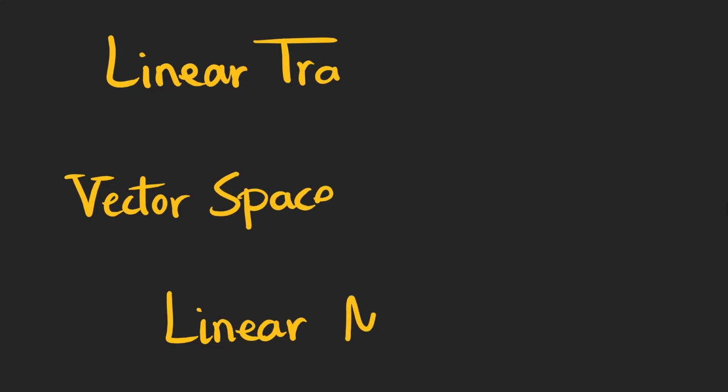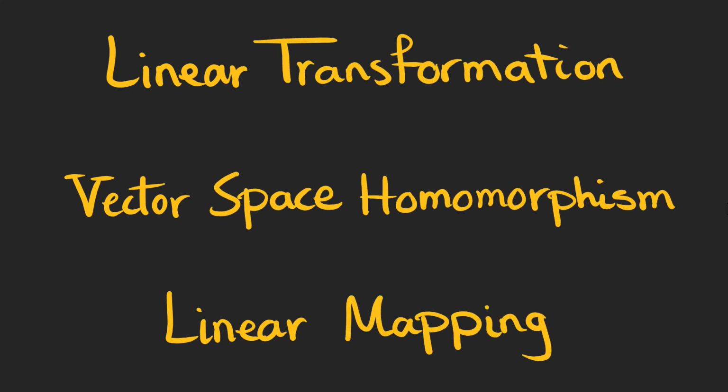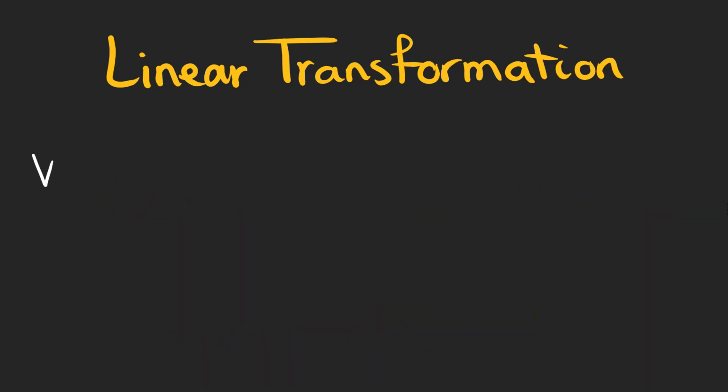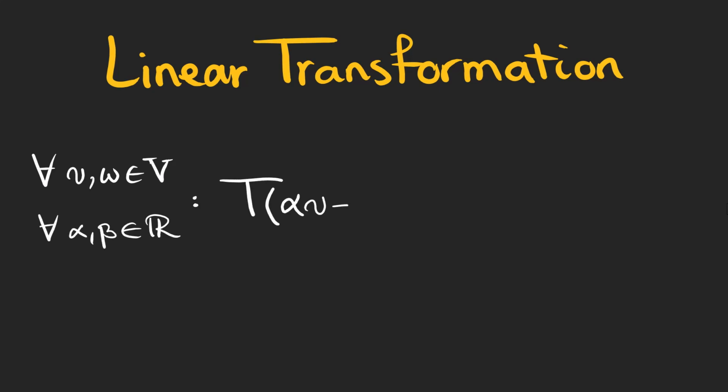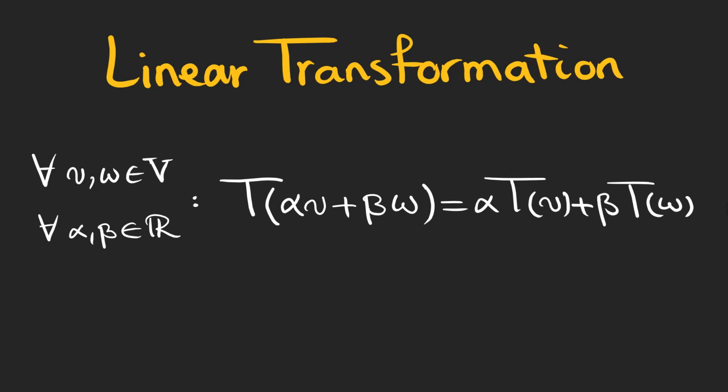Linear transformation is also called vector space homomorphism or linear mapping, and it is a very important concept in linear algebra. For every two vectors v and w in a vector space, and for every two real numbers alpha and beta, a transformation is linear if it preserves vector addition and scalar multiplication.